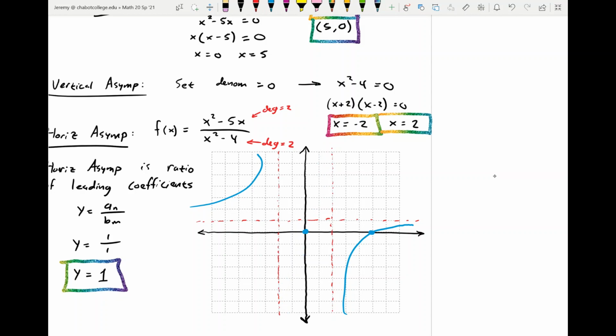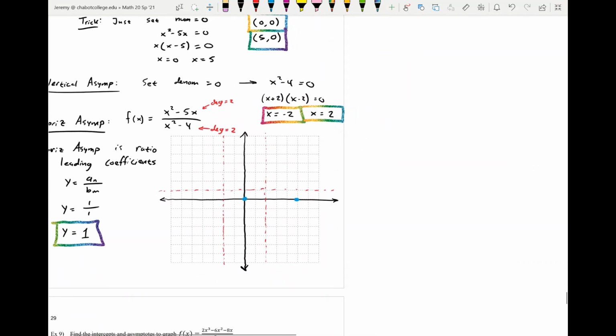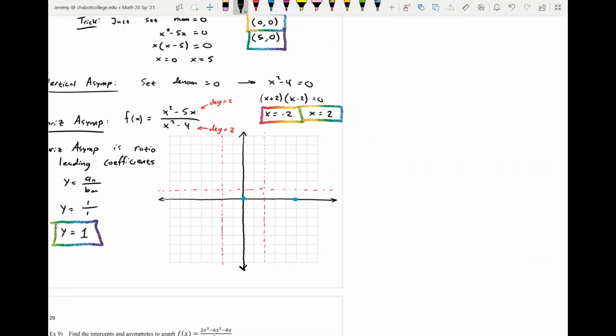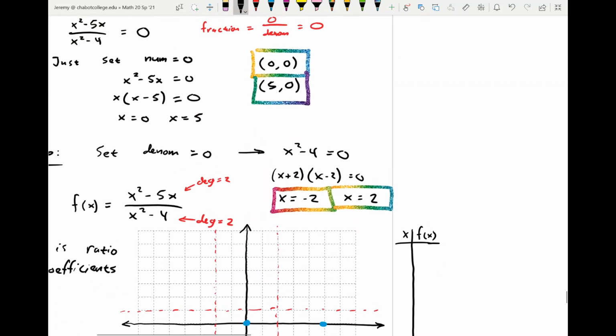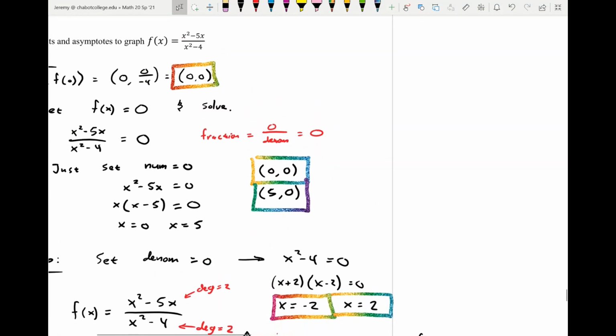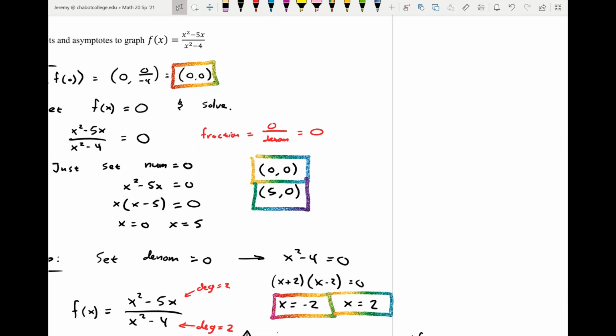I wrote a little too big, so I'm going to do my table of values right over here. So x, those will be my inputs, and then f of x will be my outputs. And I'm going to use my calculator for this because I'm going to be getting some pretty big numbers, it turns out.